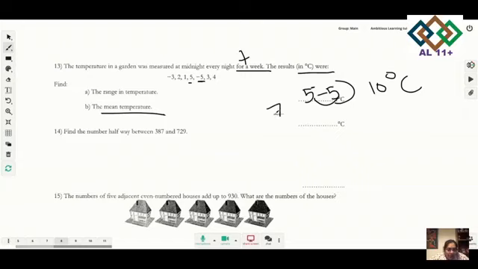Mean is 7 over 7, and your answer is 1 in this one. And then they're telling you to find the number halfway between 387 and 729. That's so easy. You just need to find the difference in this, and your answer is 558. Let's move on to the next one now.